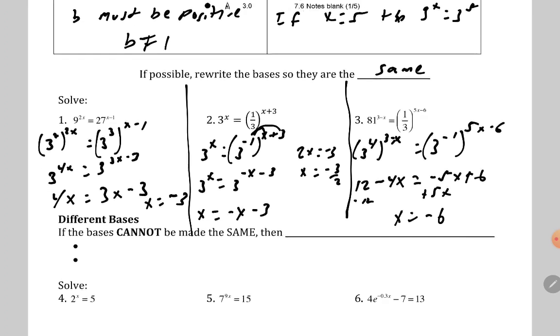Alright, if the bases cannot be made the same, then take a log of both sides.